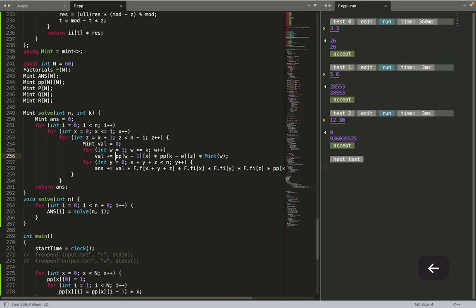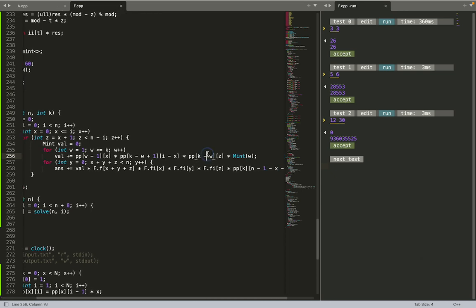So it's the number strictly smaller before, times all the other guys, which is this, and there are i minus x of them. And then we multiply by the number of guys strictly bigger after and guys not strictly bigger also after.